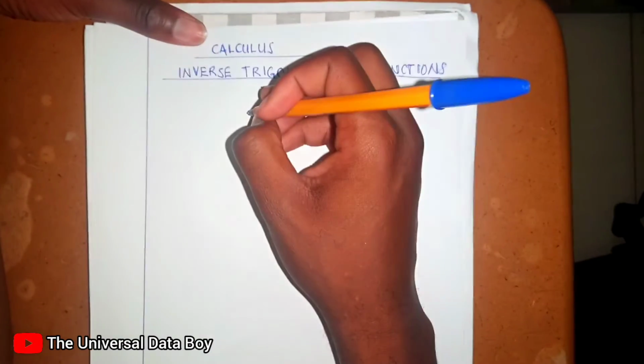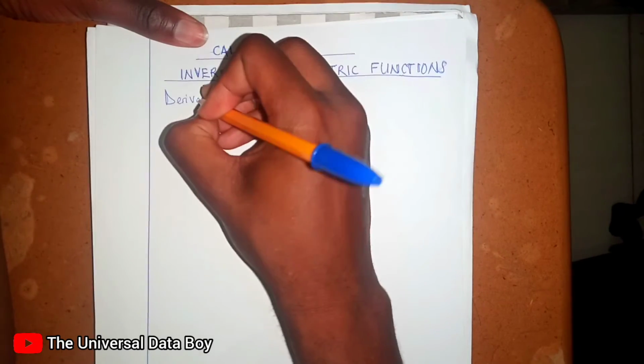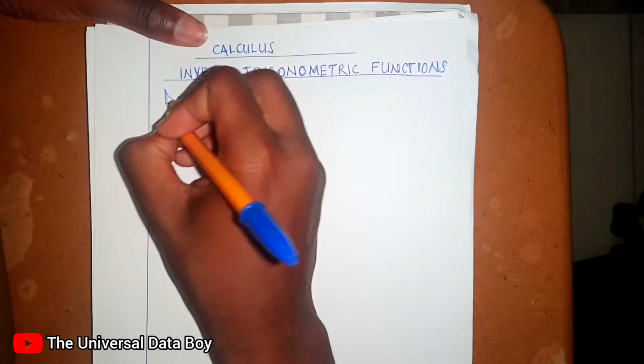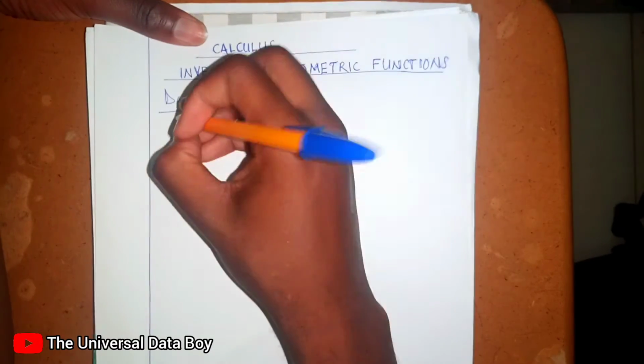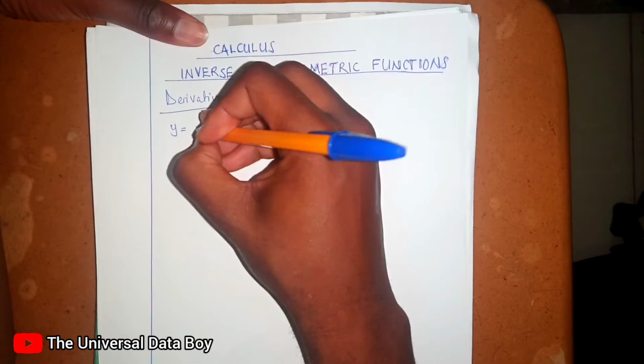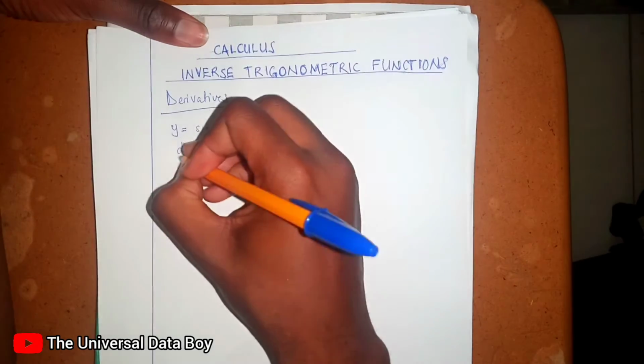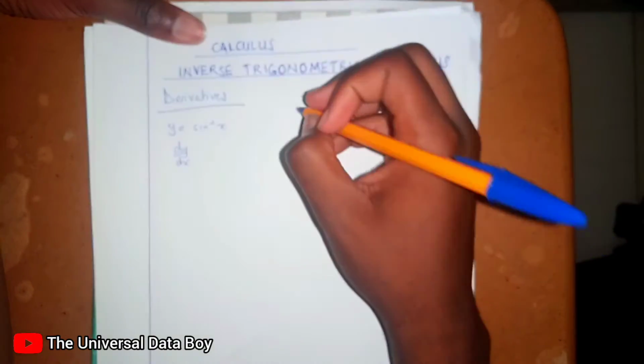This is an easy step on how to derive the derivatives of inverse trig functions. So we can start with the derivatives, right? We're looking at the derivatives. Inverse trig functions are things like, let's say, y is equal to sine inverse of x. If you're being told to find dy by dx, what are you going to put?